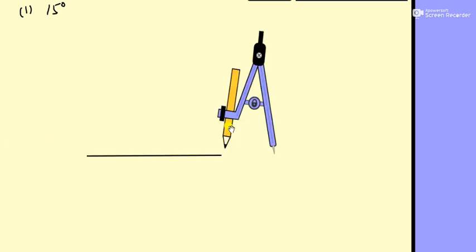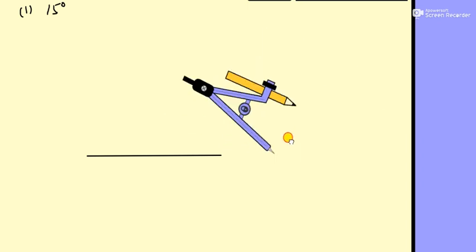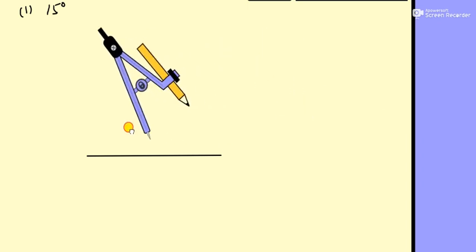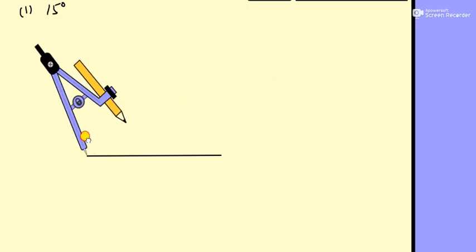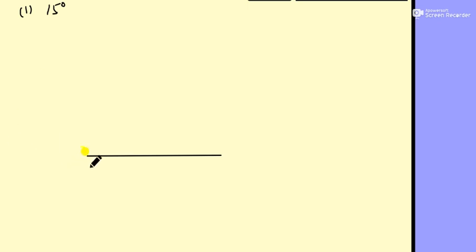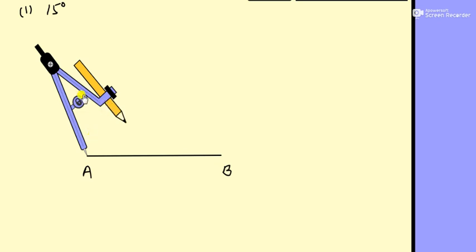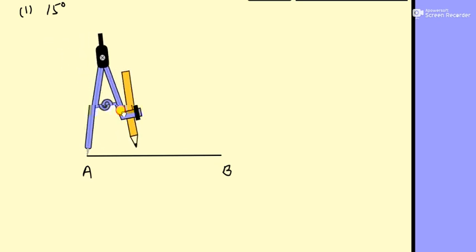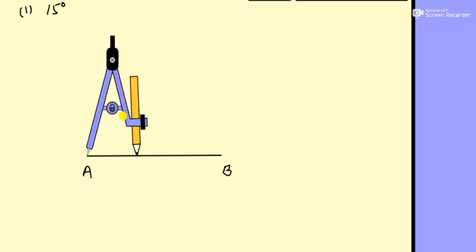Take a compass like this and keep it here at this point. First of all, you have to write this. Suppose it is your line AB, and the compass is here. Now you can draw like this, make an arc starting from here.